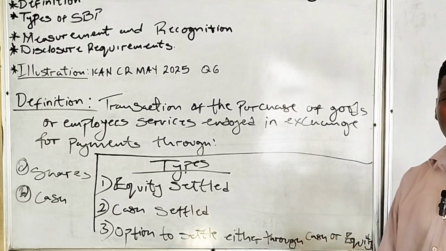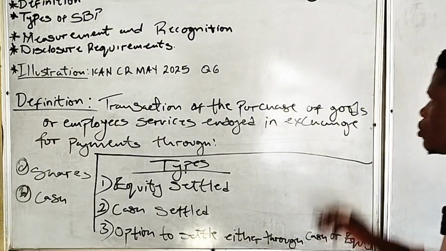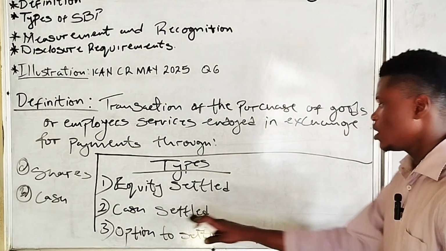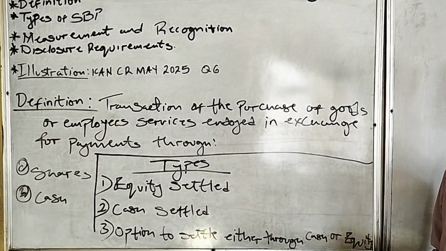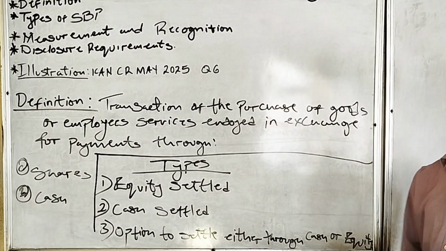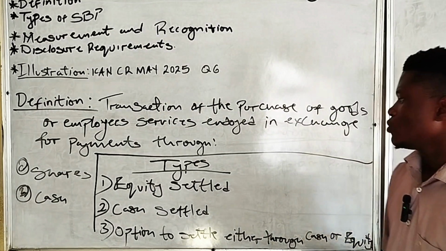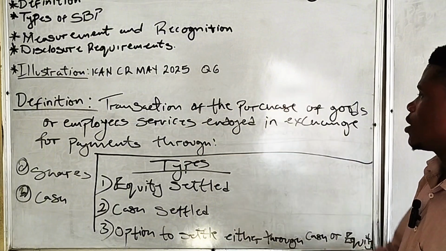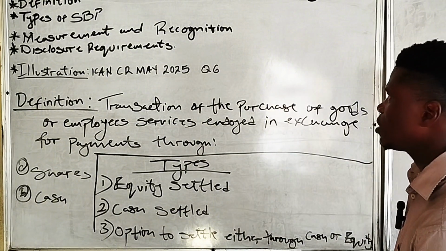So with cash settlement you are paying back with cash. So these are the three types. Then the last one is the option to settle either through cash or through equity. So you have the leverage to pick between the two. So these are the types of share-based payments that we have.